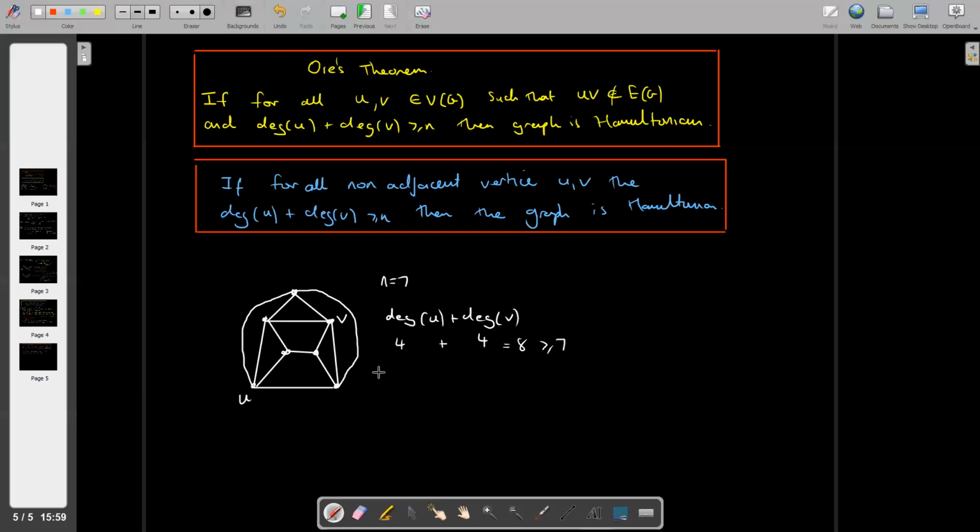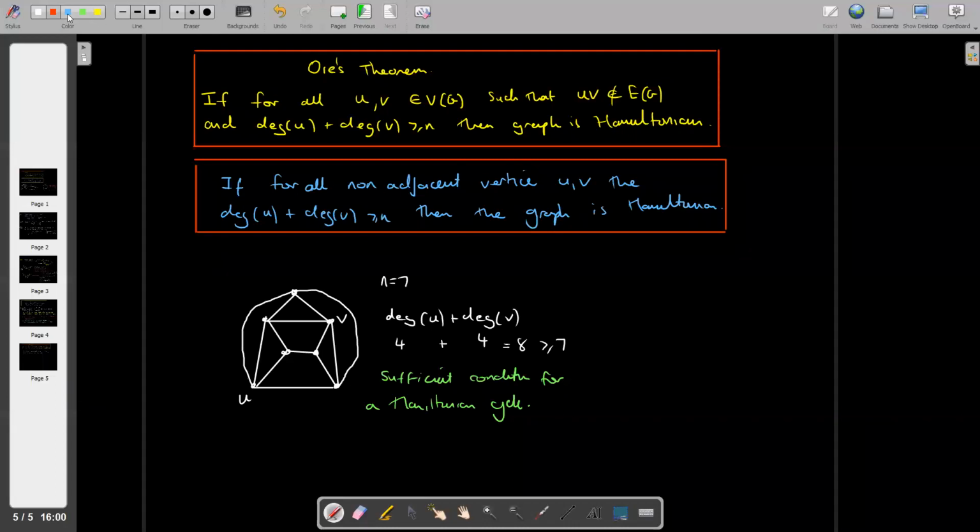So that says there exists, well, it's a sufficient condition for a Hamiltonian cycle.